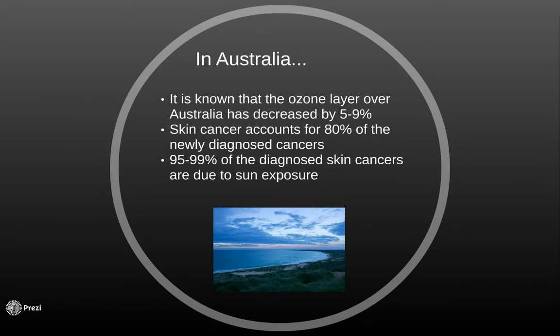This is 2 times the rate of Canada, the US, and the UK. 95 to 99% of the diagnosed skin cancers are due to sun exposure. People in Australia are outside all the time, and because of this, it is increasing the risk of getting skin cancer, which is not fun.